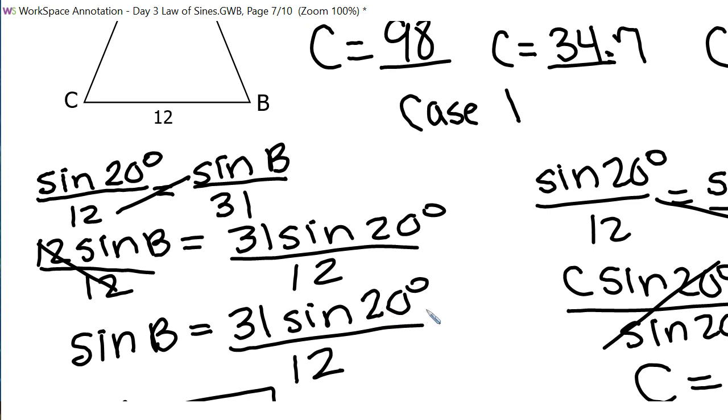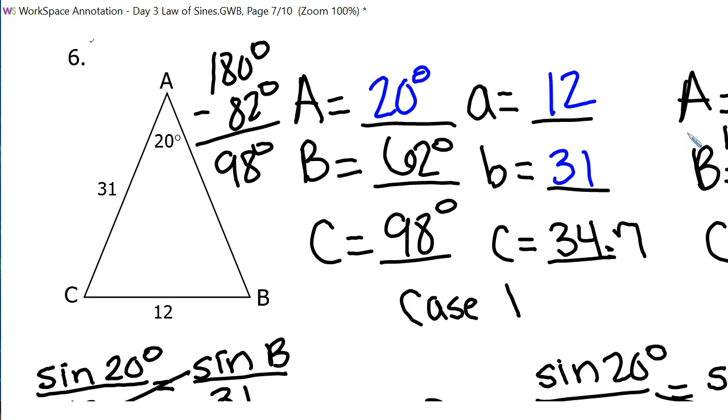So in the calculator, we need to do 12 times the sine of 42 degrees, and divide by the sine of 20 degrees. 23.5. Do we agree? Okay. 23.5.